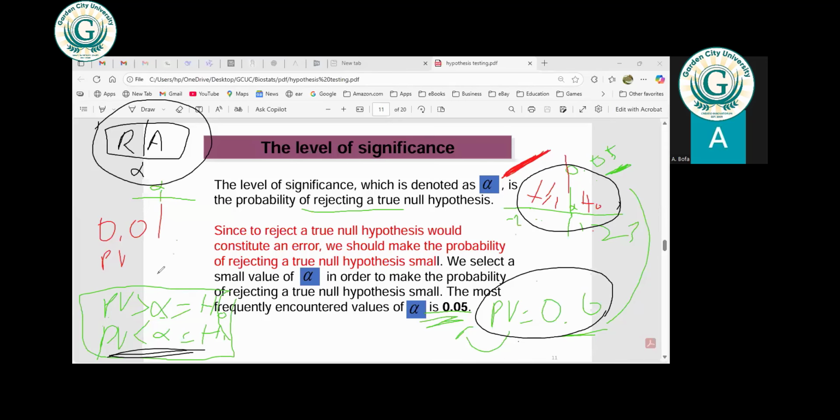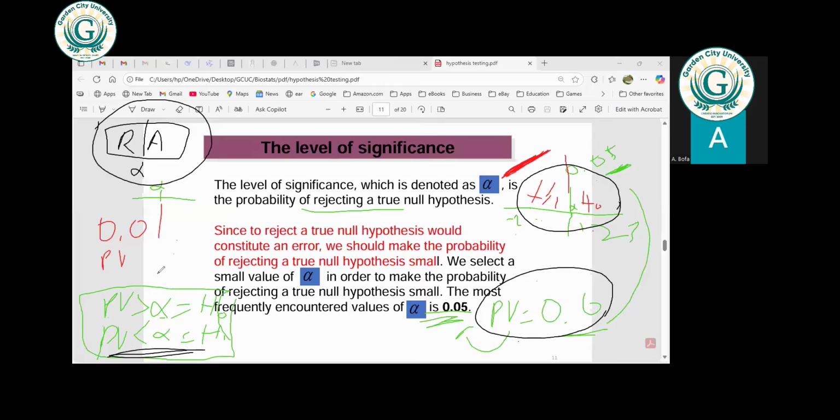And normally I allocate more marks to the conclusion, because the conclusion is where you are going to apply your understanding. Okay. So again, I'm going again. Now we are assuming that the p-value is 0.06. This is just an assumption, so we are going to relate it to the previous example.